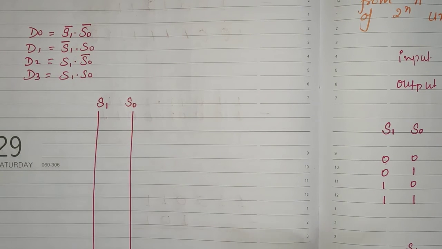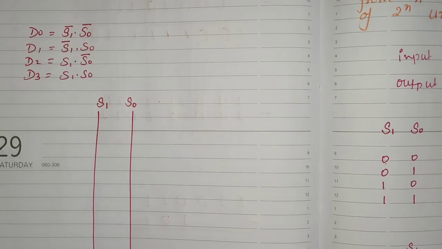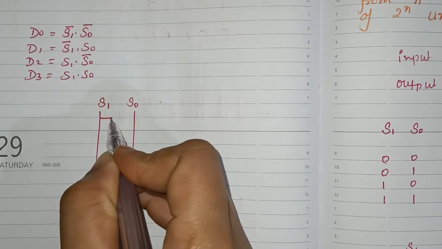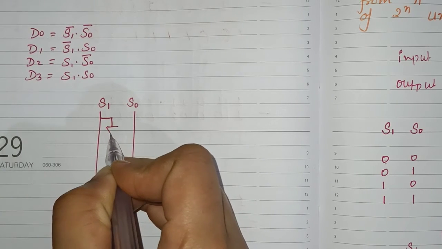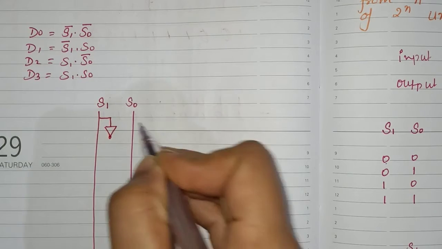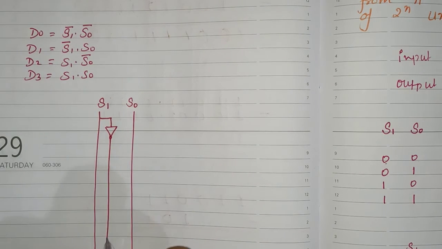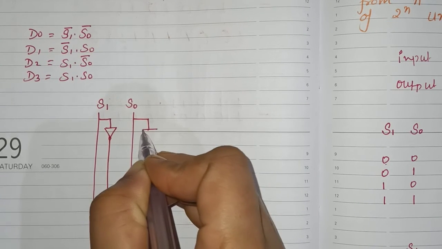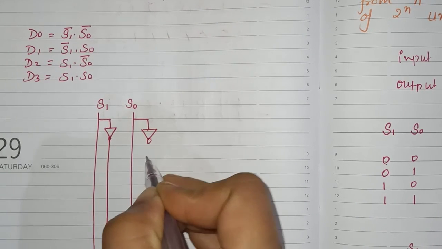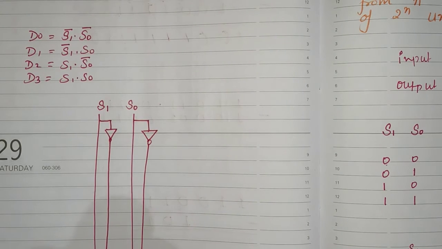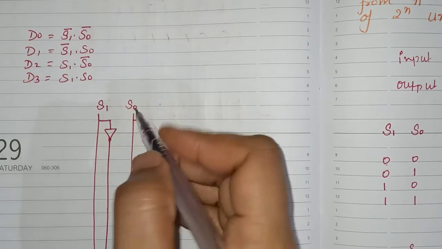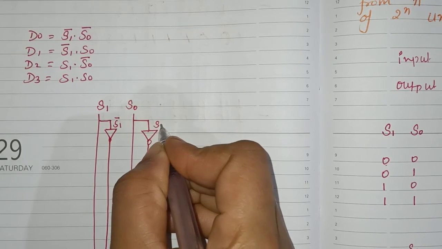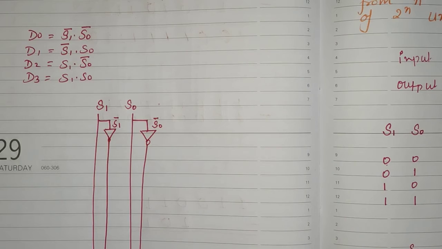But here we need the complement values also, S1 bar and S0 bar. So we pass them through a NOT gate. Same for S0, pass it through a NOT gate. If it's S1, we get S1 bar. If it's S0, we get S0 bar.